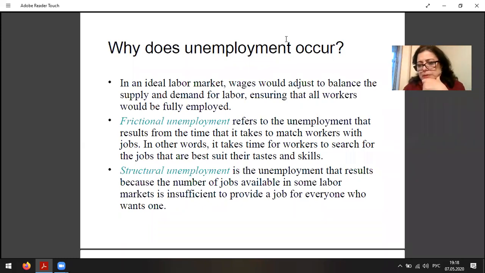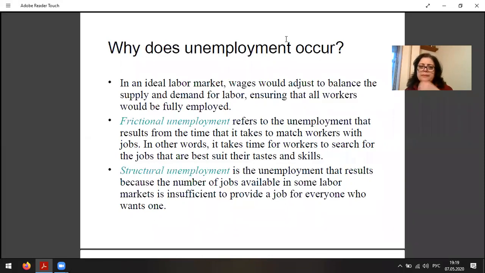Structural unemployment is the result of a situation in the labor market when the demand for labor, for specific professional skills, because of some structural changes of the economy and or technological changes, frequently goes down.